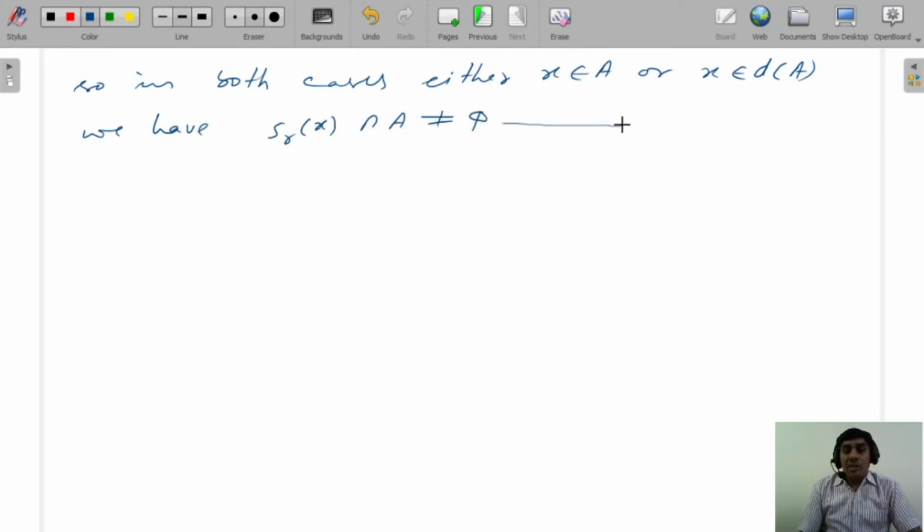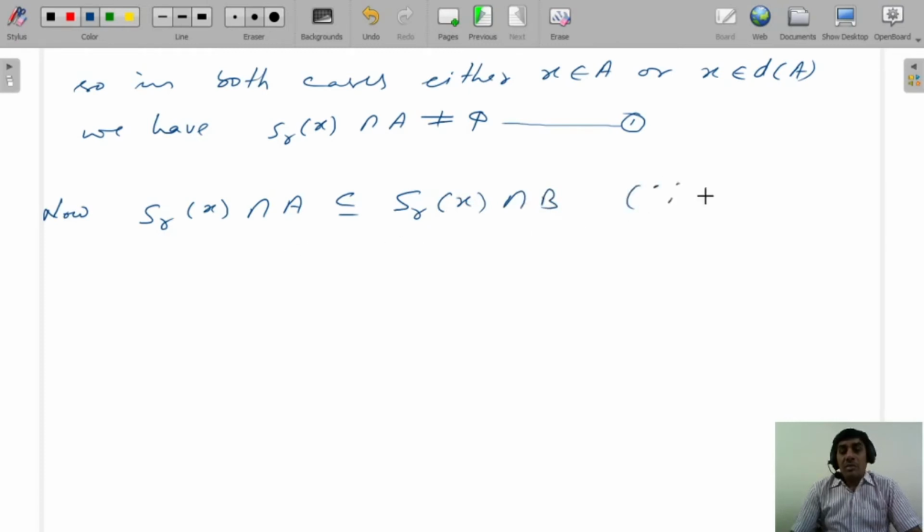Put it as equation number 1. Now, the sphere centered at x with radius r intersect A is contained in the sphere centered at x intersect B, because A is contained in B.